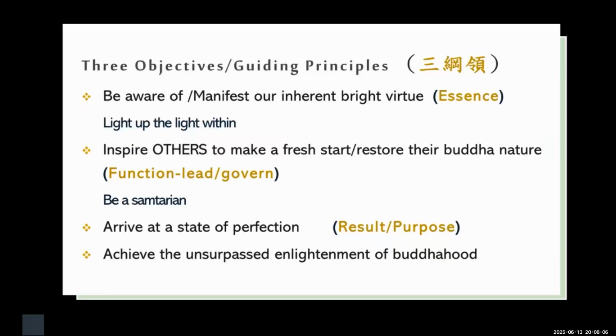So the first of the three objectives is to be aware of, to understand that we have this inherent bright virtue, or we say Buddha nature. We need to be aware of that, and we also need to do something to manifest it.